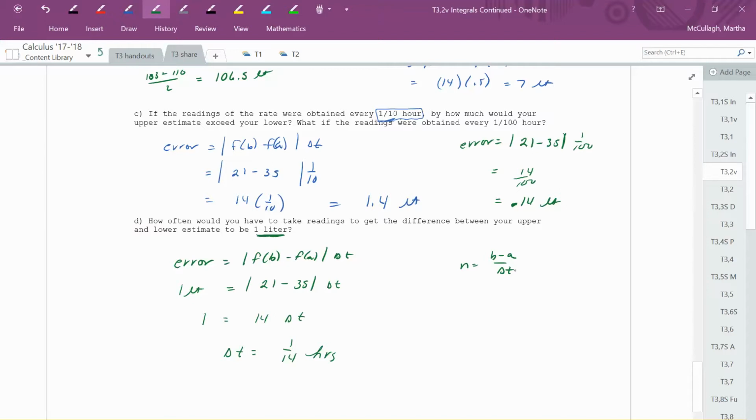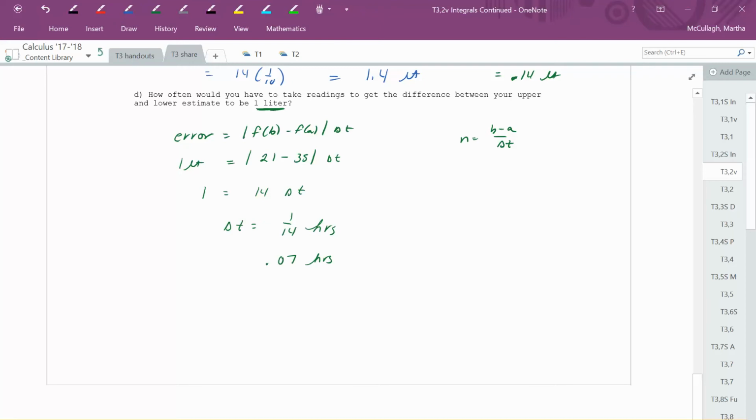But if I'm going to be instructing the engineers out on the platform, or the engineers out on the platform have to figure this out, how often they need to take those measurements, they would at that point know that it's every 1 over 14, and 1 divided by 14 is 0.07 hours. So every 7/100ths of an hour, they need to be taking a measurement so that they can get their error to be just 1 liter. So hope that helps, and see you tomorrow.